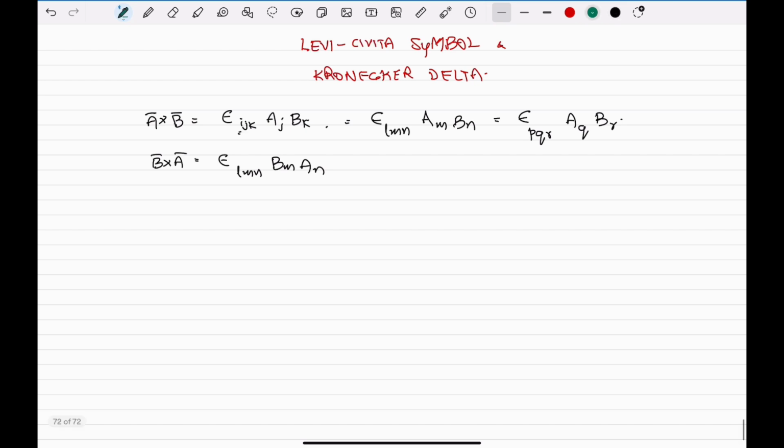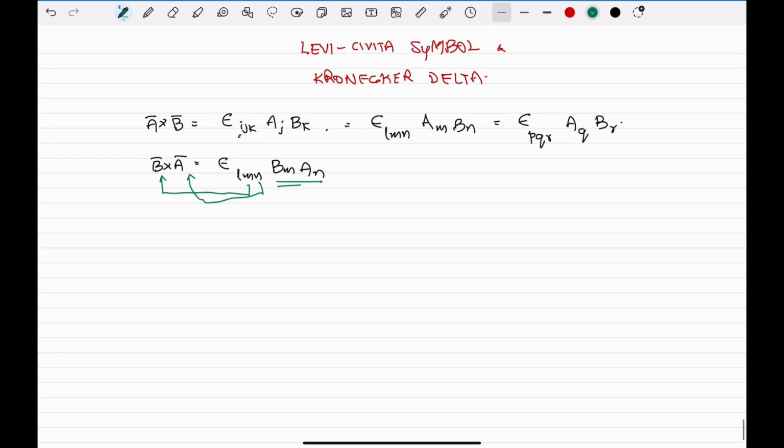M will be for the first vector, n will be for the second vector. Epsilon lmn bm an. And from this we can say A cross B is equal to minus B cross A.